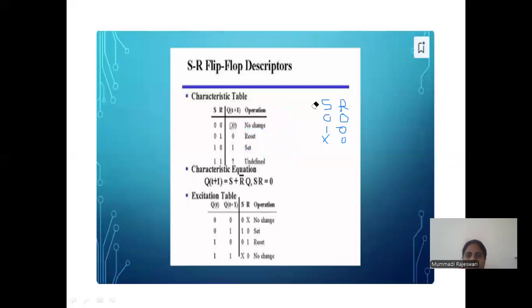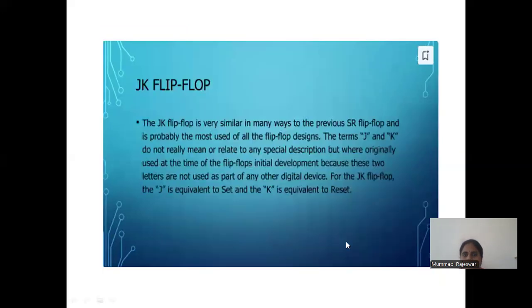Next, we see the JK flip-flop. JK flip-flop is similar to the SR flip-flop, but in SR flip-flop, when S is equal to 1 and R is equal to 1, we are getting the undefined value.